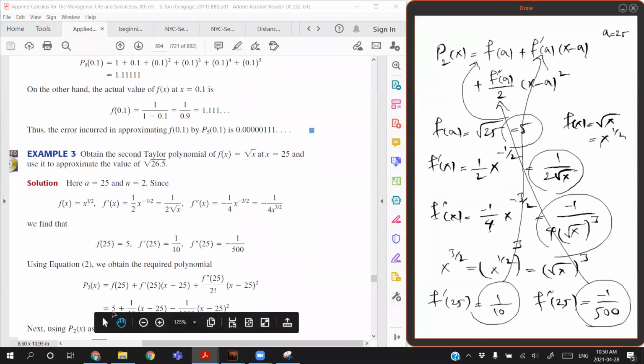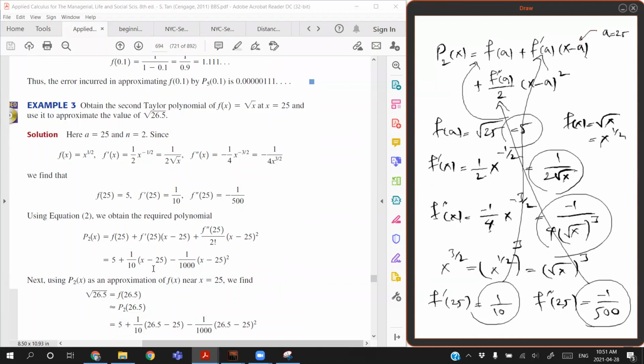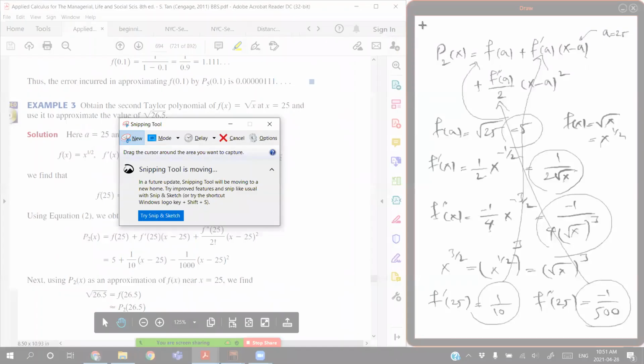So I get 5 plus 1 over 10 times x minus 25, because a here is 25, 25 goes here, plus negative 1 over 500. Let me just do that using the equation that I have over here.